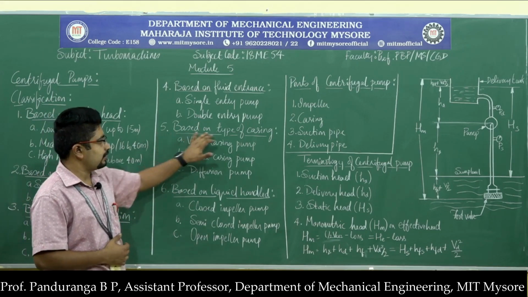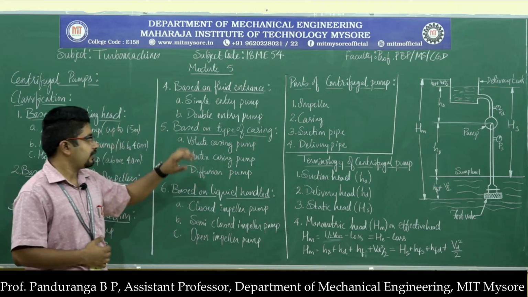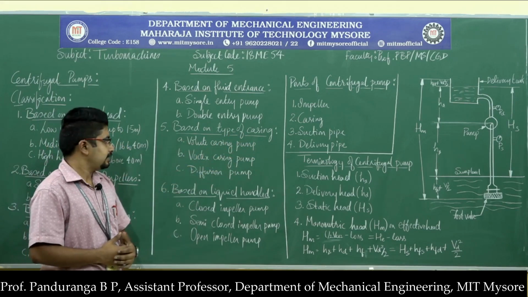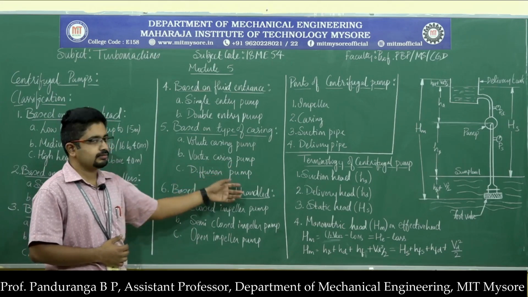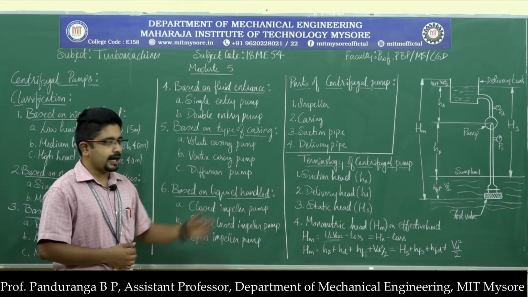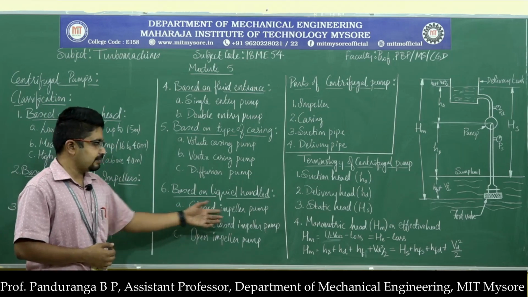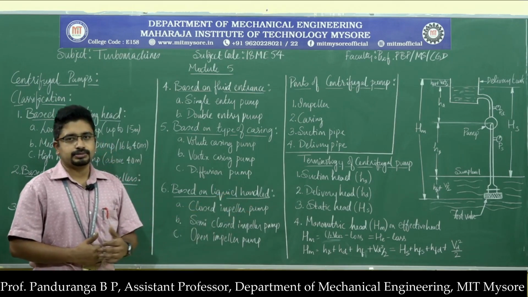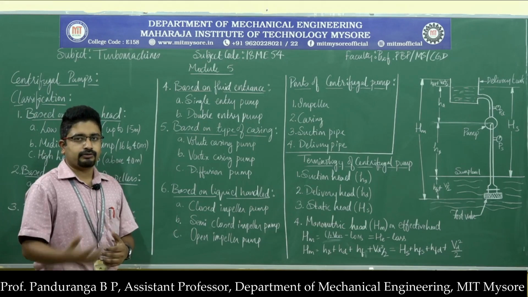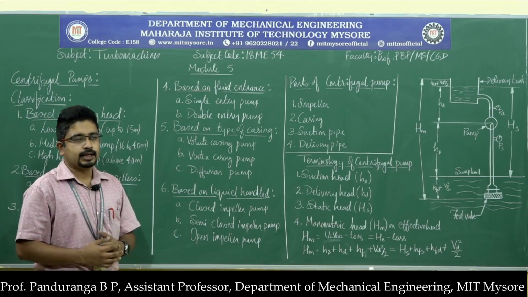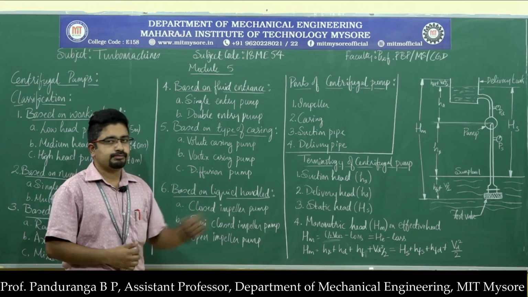Then based on the type of casing, we have the volute casing pump, then we have the vortex casing pump, and we have the diffusion pump. Based on liquid handled, we have closed impeller pumps. The centrifugal pumps which we use in our day-to-day life to pump water from our sump to the overhead tank are closed impeller pumps.